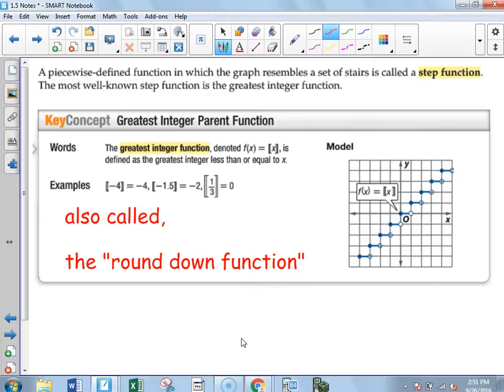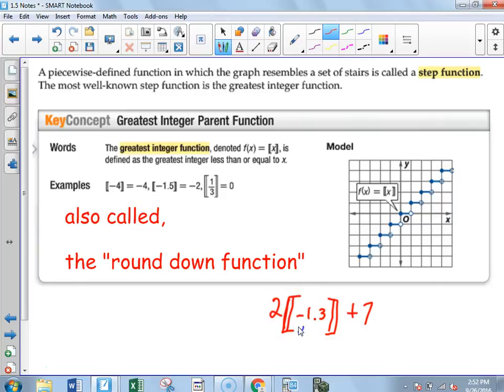Evaluating these causes some students trouble. If it said this, does anybody know what that would become? Okay, it says f of x is defined as the greatest integer less than or equal to x.